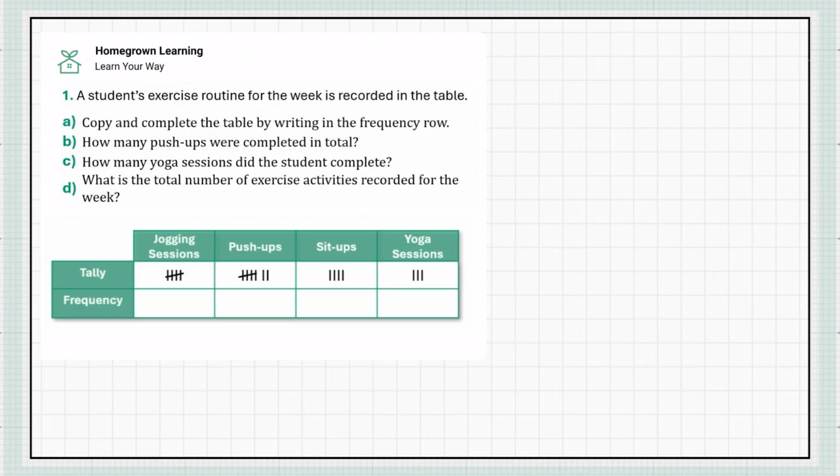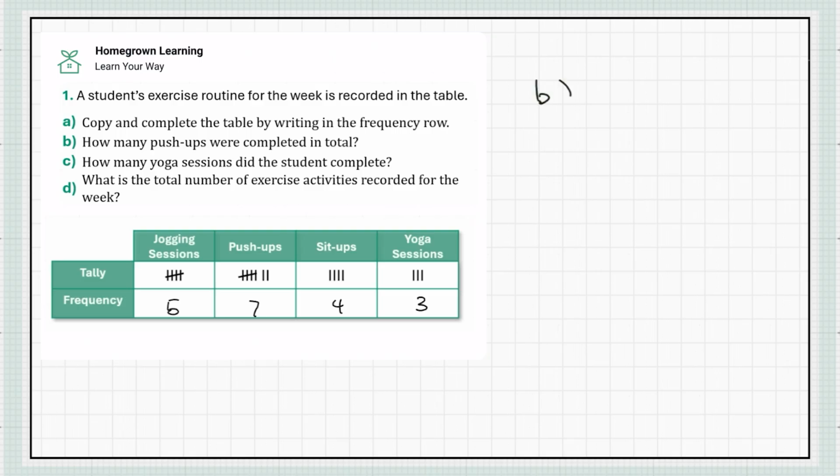For this first one we have 1, 2, 3 and 4, and then the dash through the middle means this has a frequency of 5. This one has a frequency of 5, then 6, then 7. This one has a frequency of 4, and this one has a frequency of 3. So this is how many exercise routines the student has done throughout the week of different types.